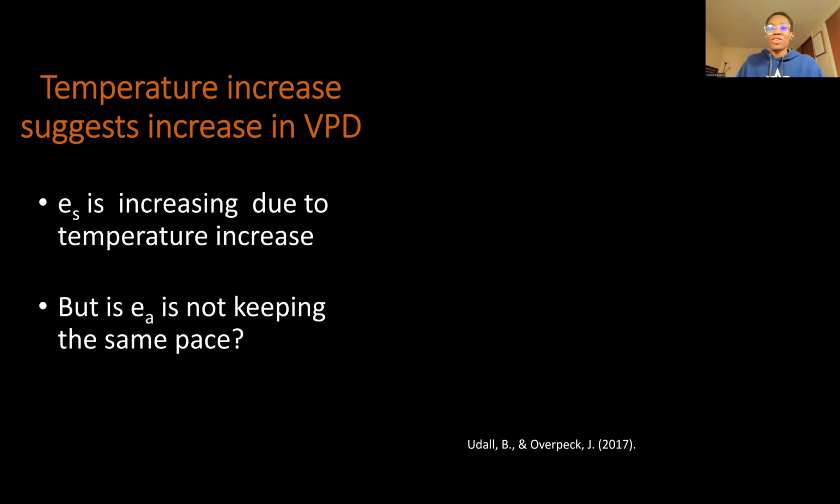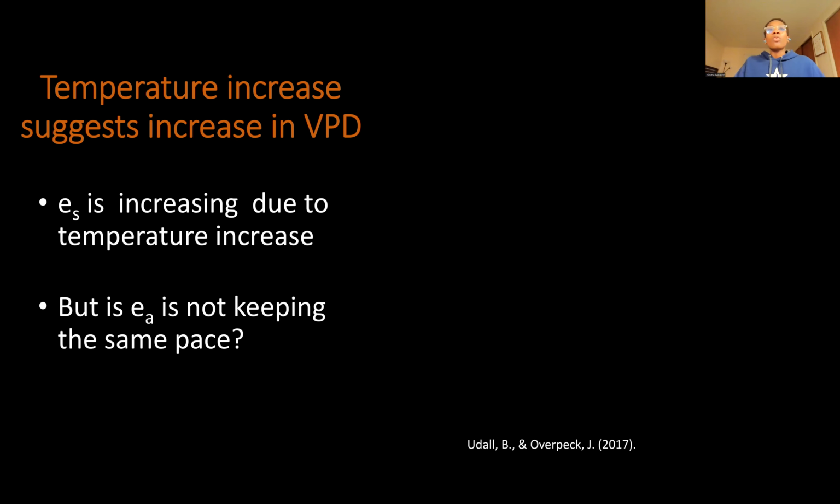So we know temperature increases suggest that there's also an increase in VPD, because as ES is increasing with temperature. What we don't know is if EA is also increasing at the same pace. So from class, we have actually seen that wet places will most likely get wetter and dry places will get drier.